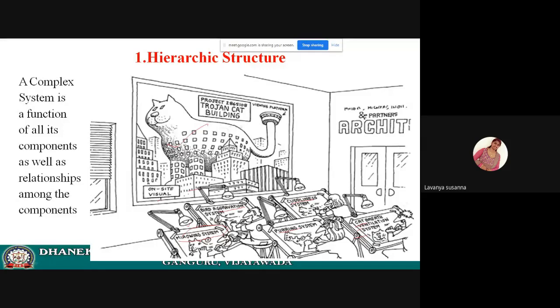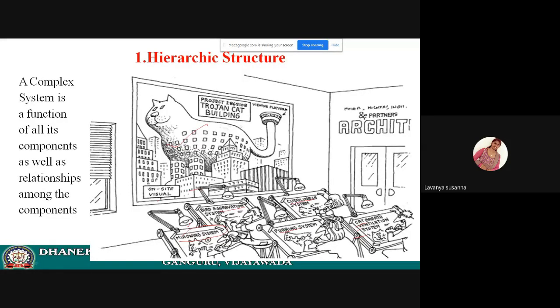So, every complex system must have hierarchical structure. The complex system is made up of many parts and each component is in turn divided into subcomponents. These subcomponents are again divided into further subcomponents. All these components must interact with each other. Then only the complex system will function.